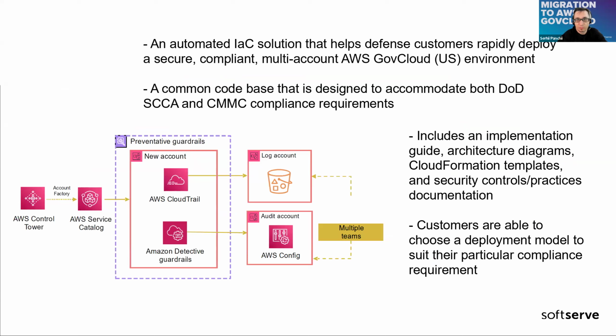Here you can see some capabilities, how it works by using AWS Landing Zone Accelerator with AWS Control Tower integration. And definitely this is an automated infrastructure as code solution based on AWS CloudFormation that helps customers rapidly deploy a secure, compliant, and multi-account AWS GovCloud environment.